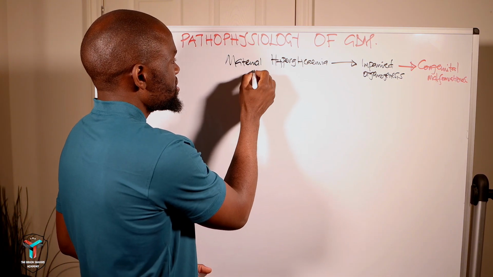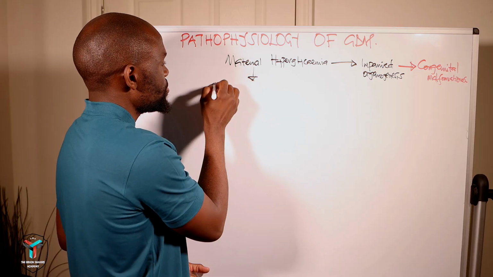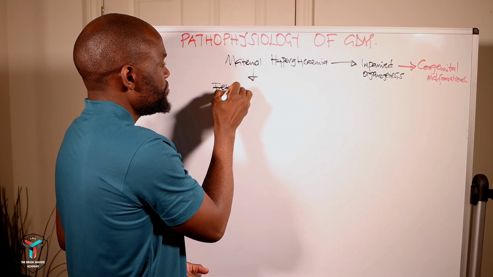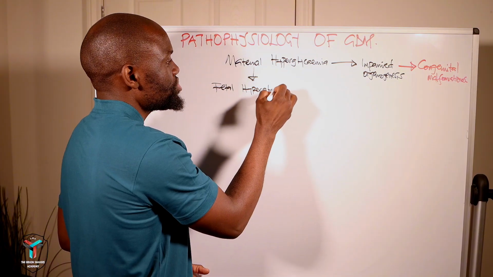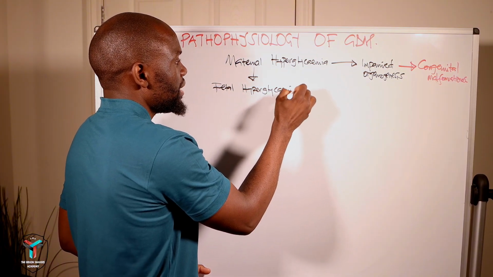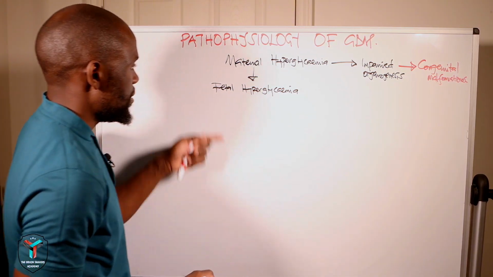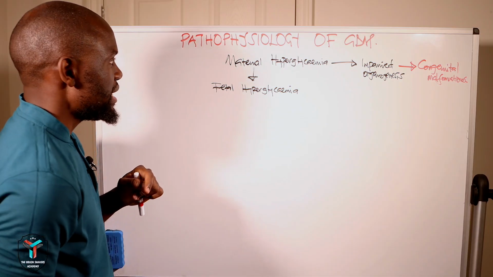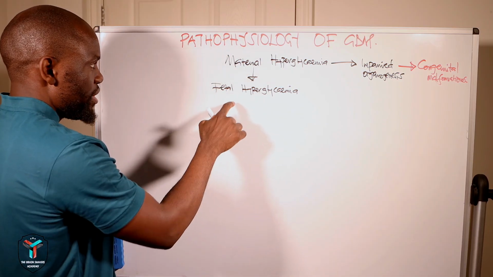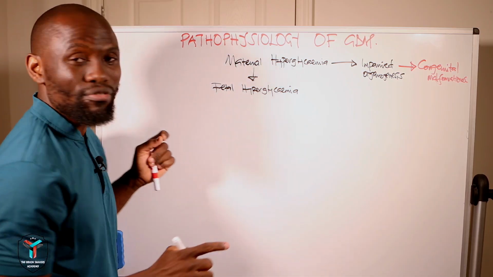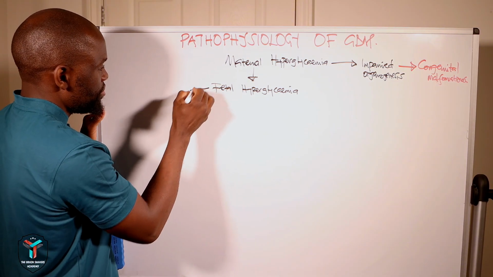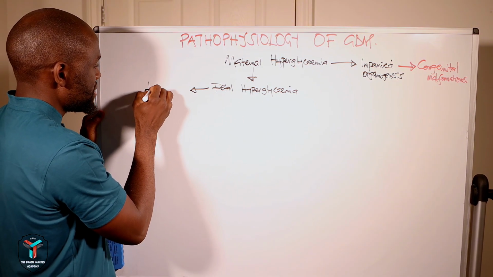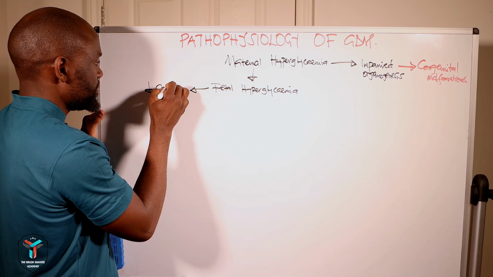These are high sugar levels also in the baby. Now, with high sugar levels in the baby, this is going to bring about a reduction in the amount of cortisol that is being produced.